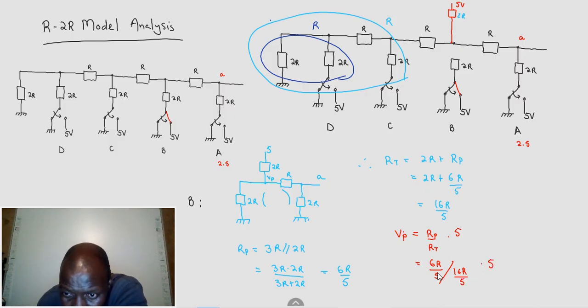So 5 into 5 falls away, R into R falls away. What do we have there? We have a common factor of 2, which leaves us with 3, and a common factor of 2 makes that 8. So this becomes 15 over 8.